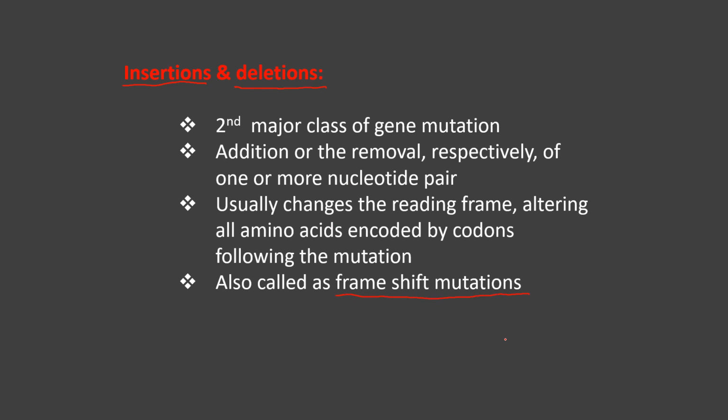And I'm going to explain why that is so much worse than substitution in a minute, okay? Just remember, insertions and deletions, you're adding bases or you're removing bases. And by adding and removing the bases, you affect all the bases that come after the one that you've changed, right?